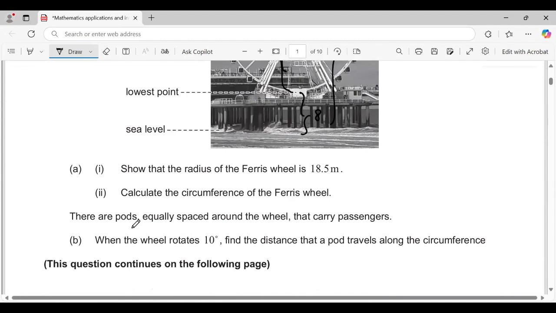There are ports equally spaced around the wheel that carry passengers. When the wheel rotates 10 degrees, find the distance that a port travels along the circumference. Okay. If 10 degrees, it means like this. As long as 10 degrees, we are going to find this distance.